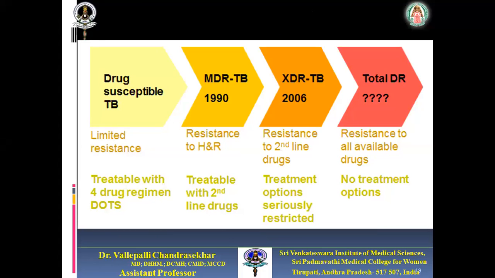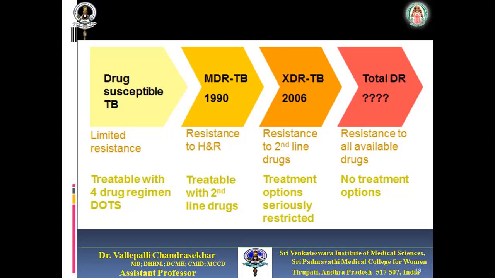So here you are seeing drug susceptible TB. There is limited resistance and it can be treated with the 4 common drug regimen that we give through DOTS, right? Then the second stage is MDR TB, which we have been seeing since 1990, with resistance to isoniazid and rifampicin. Here we bring in the second line drugs.